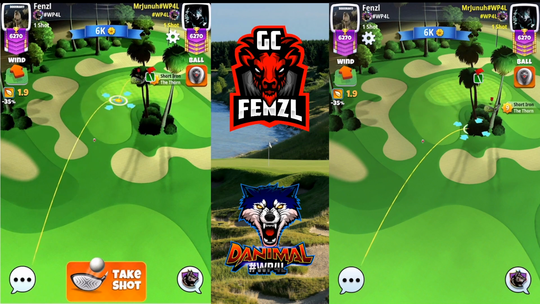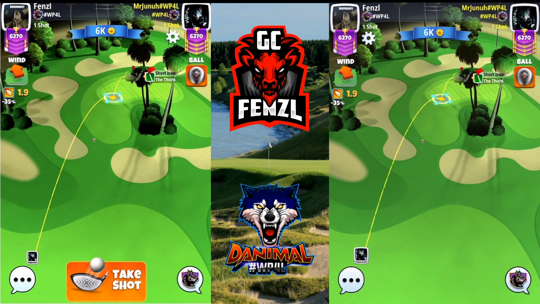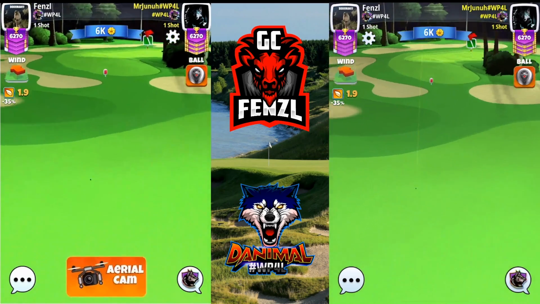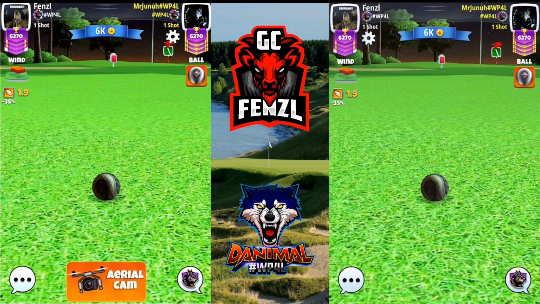Now, again, we're going to time out a couple times and just explain what we go through. So the first thing we're going to do is, what's that? You check for elevation first, huh? I check club distance first, but we'll do it his way. So we're going to check for elevation first. Is the pin uphill or downhill? You know what?